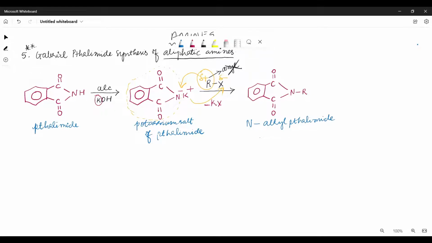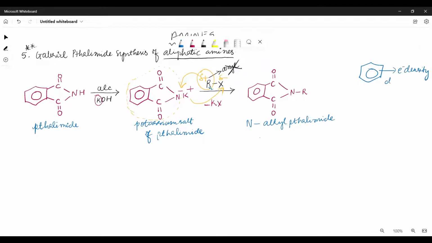Now, here in this step, we will get to know why, if you take aryl in place of R, there is no reaction going to happen. Now, we all know from the chapter haloalkanes and haloarenes, if you have studied, that the benzene ring is going to have much electron density.